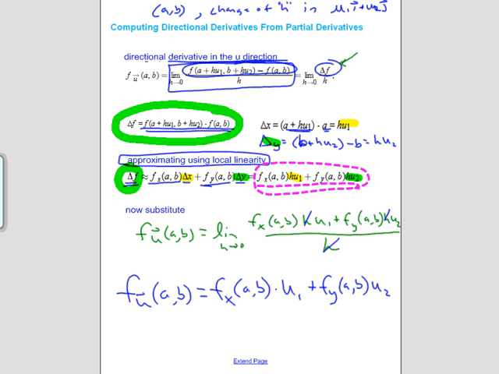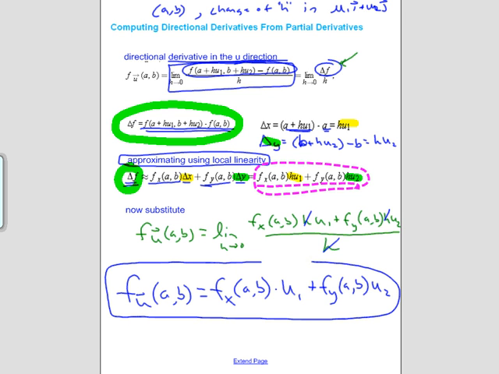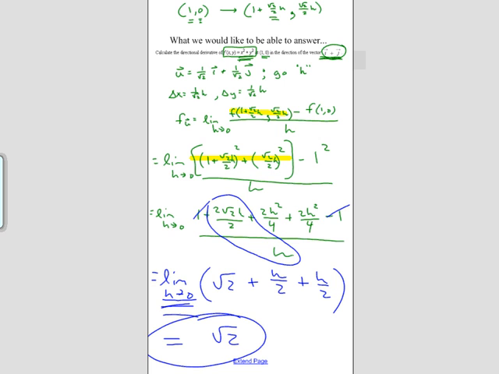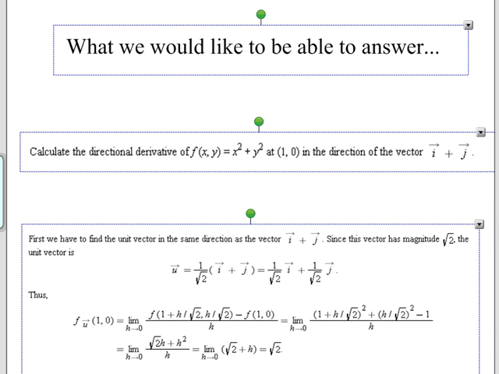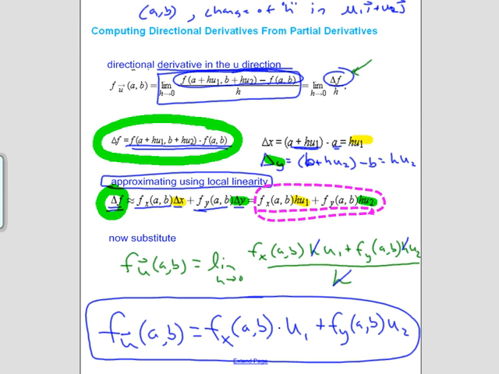And this is a hugely helpful approximation which works using local linearity. It's a hugely helpful approximation for us to quickly calculate directional derivatives using partial derivatives. Well, let's see how that works. Let's look at this kind of ugly problem that we did back here, and answer it nicely using what we now know.